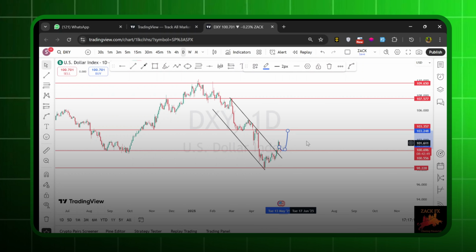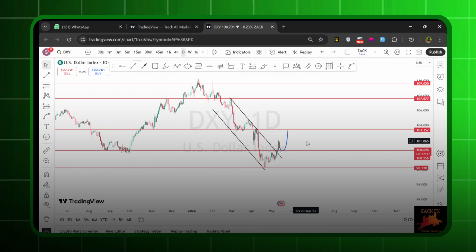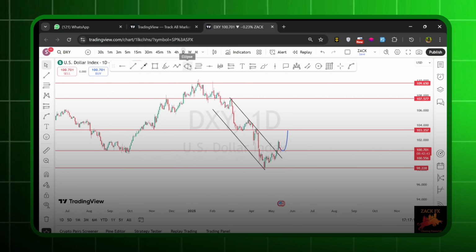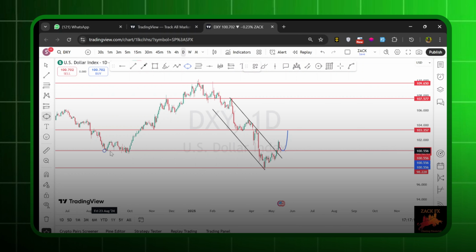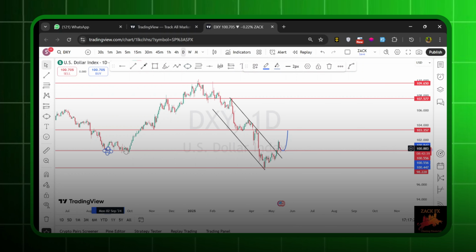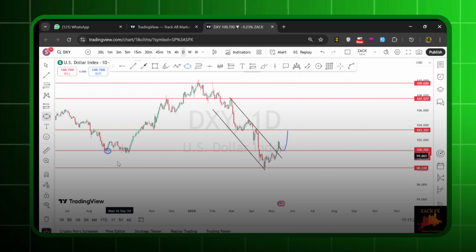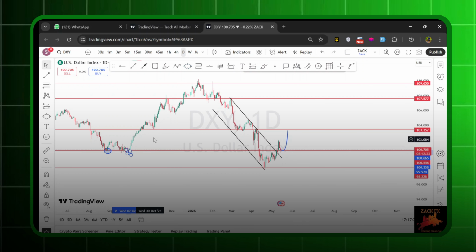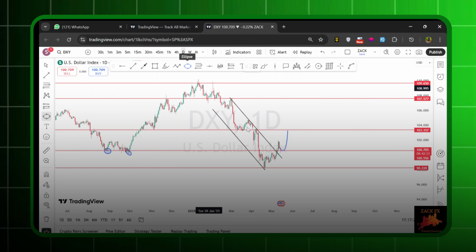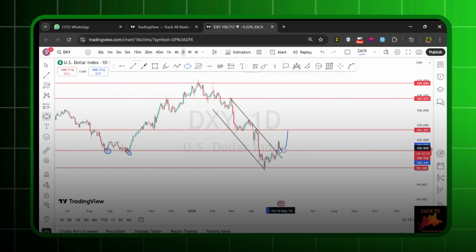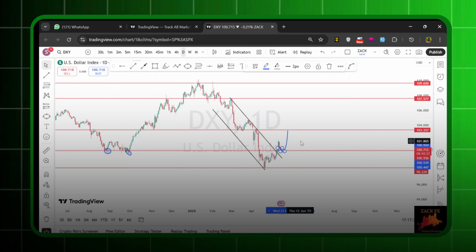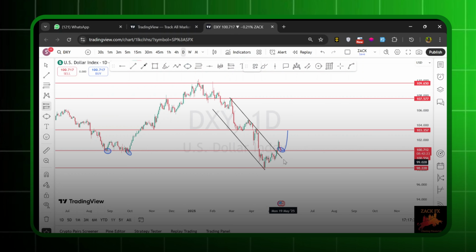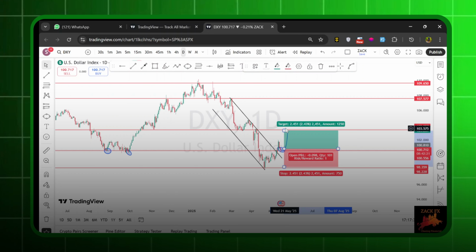So I am basically expecting the DXY to do something of this nature. As you can see, again, here at lows, meaning this is a good spot. If somebody was actually trading the DXY, this would have been a very nice entry. Because as you can see, these are the lows that we were talking about. From there, we are going to focus on seeing price just rise from here.